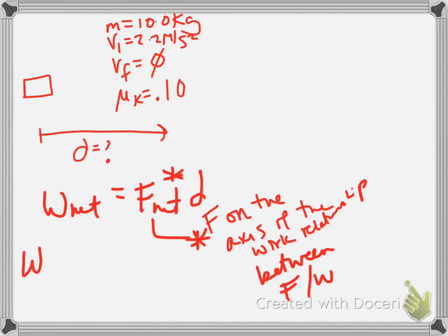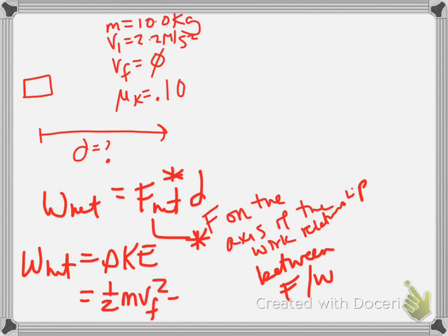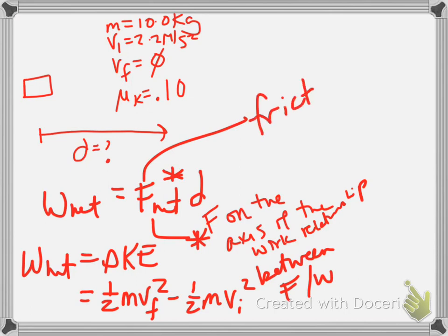The other thing we know is that that net work is equal to the change in kinetic energy, which means 1/2 mvf squared minus 1/2 mvi squared. Okay, we have two pieces of information here. What is the force that's acting to stop the sled? Friction. So the force we're interested in here is actually the force of friction.